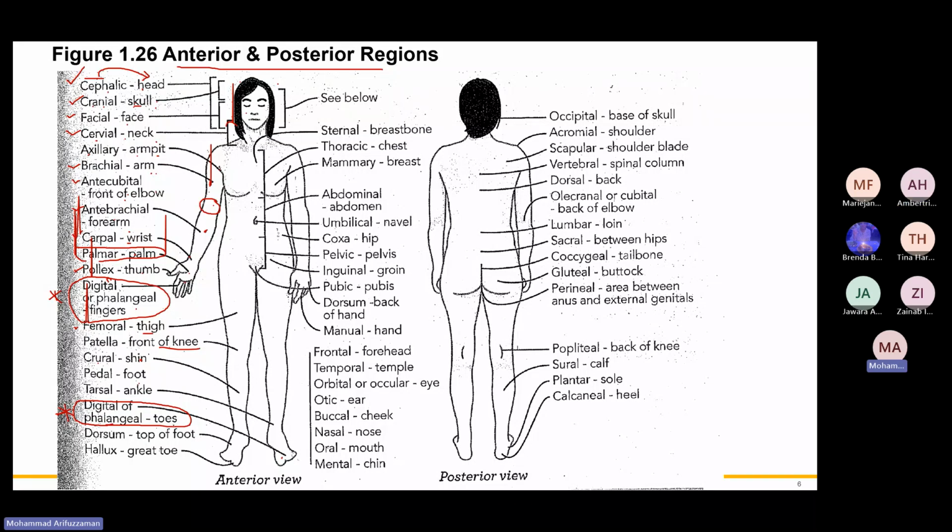Now, the question: the phalangeal structure may be pedal. Pedal means on the foot, or manual means on the hand. So it's a very common question. The phalangeal structures may be on the foot or in the hand. Is it clear? Please, these questions are very common.